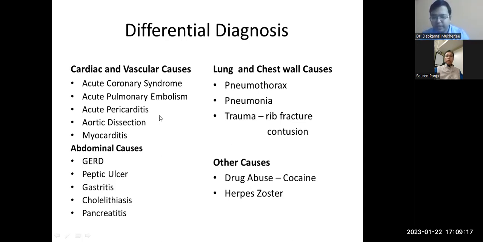So pneumonia could be ruled out, or it could come in the latter part of the differential. The primary things which we had to exclude are number 1, acute coronary syndrome, number 2, pulmonary embolism, number 3, aortic dissection, and other causes like abdominal causes such as esophageal rupture, because these are dire emergencies. So we have to take appropriate steps.